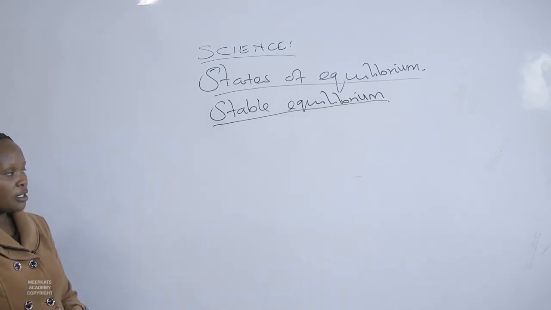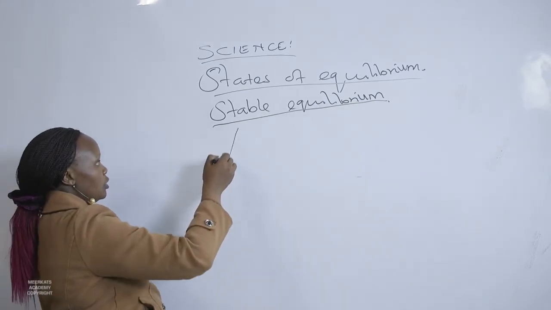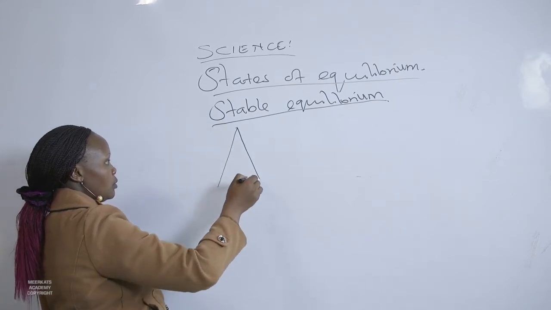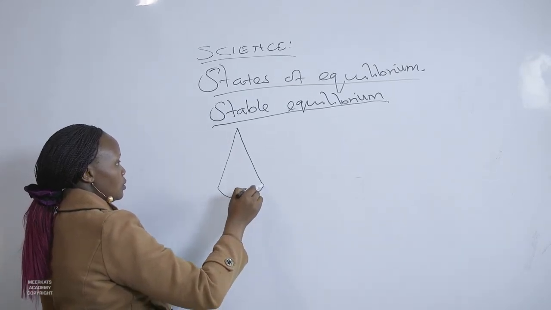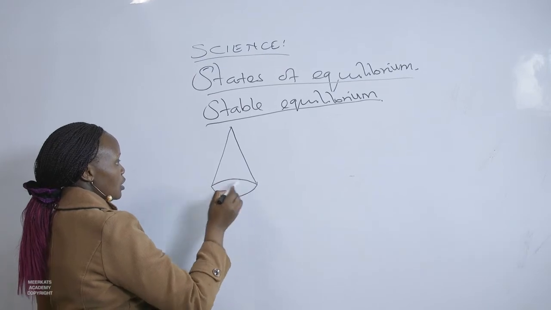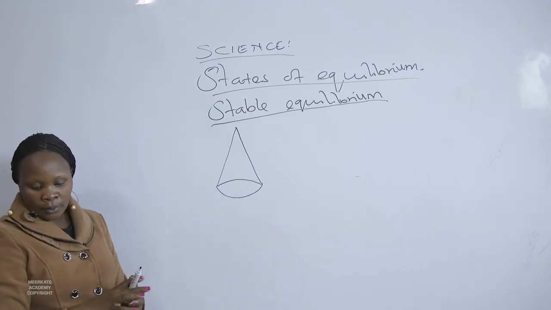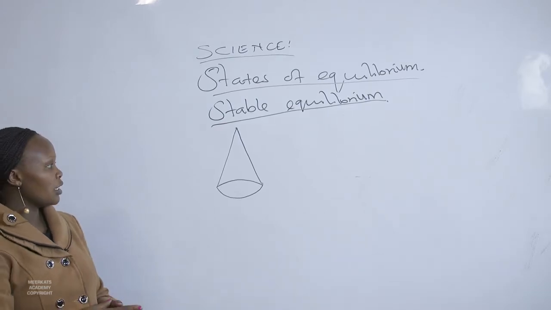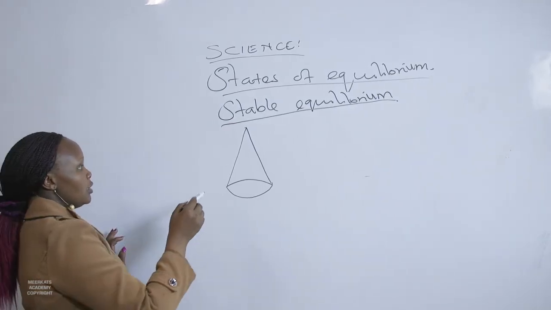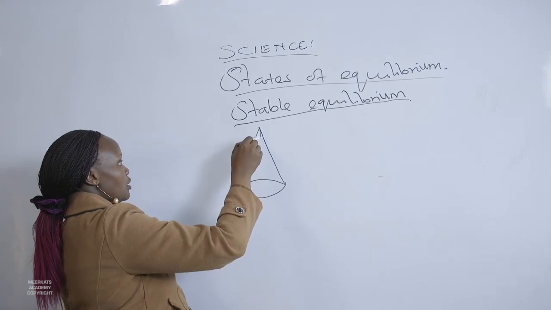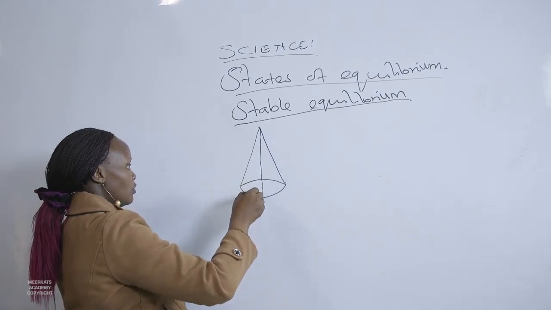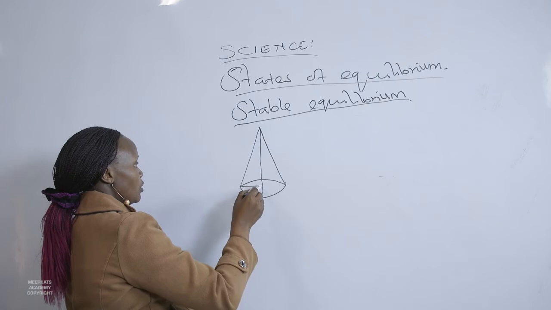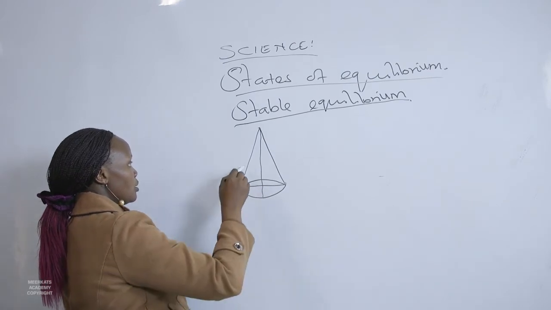And we will consider a cone. Now, we have a cone there, and we can resolve its center of gravity by drawing some lines.